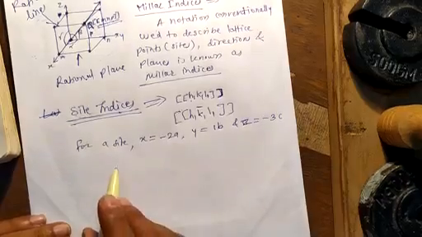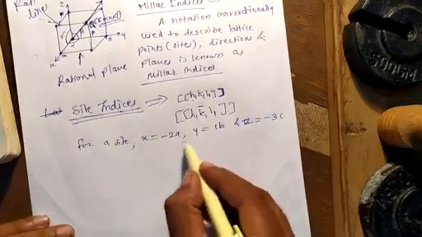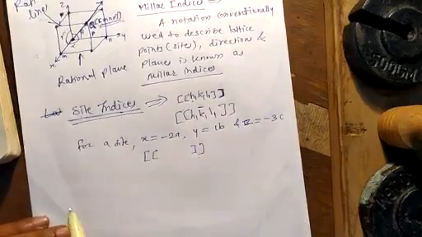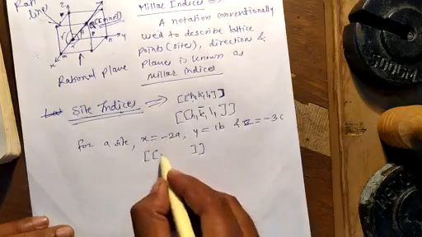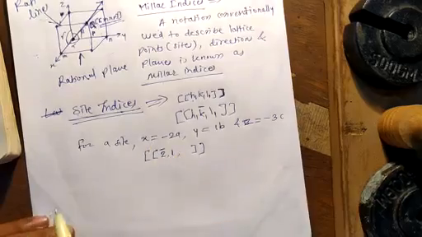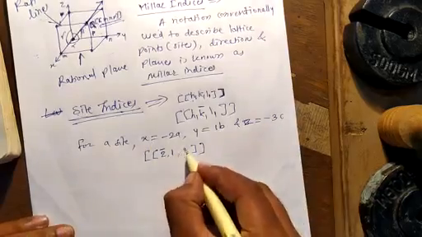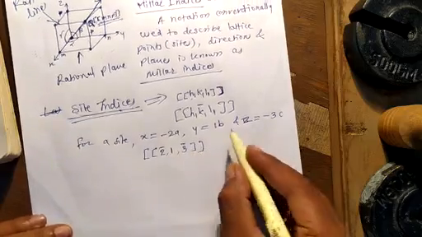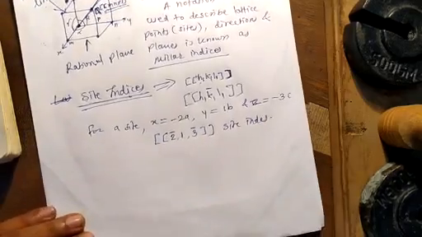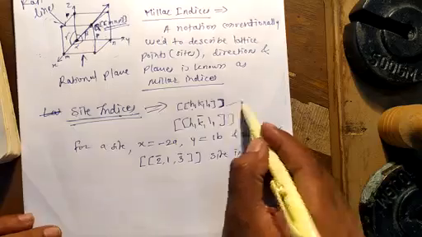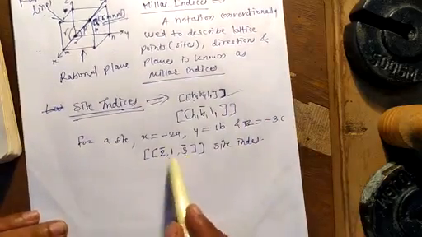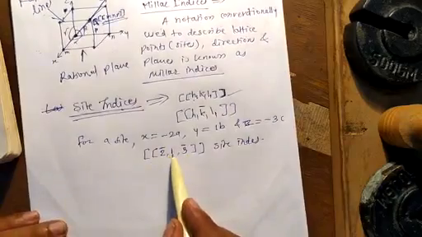Therefore, the site indices of that particular point can be expressed in double square bracket as 2, 1, and 3 with a minus sign over the 3. This represents the site indices. This is along positive direction for x and y, and along negative direction for z.